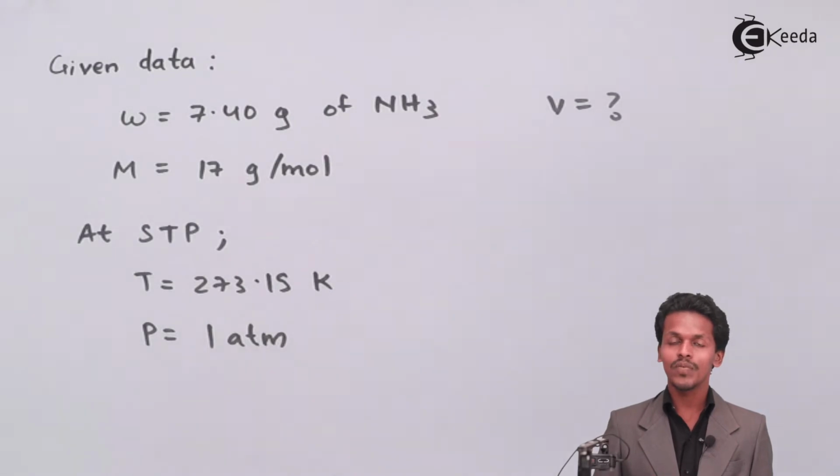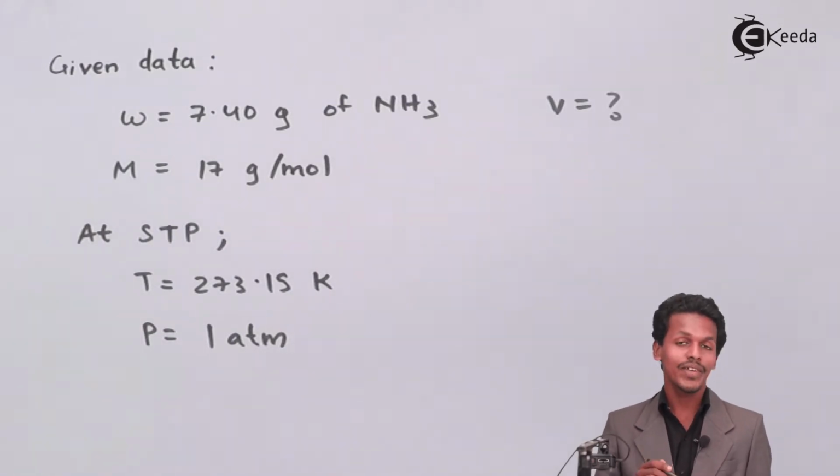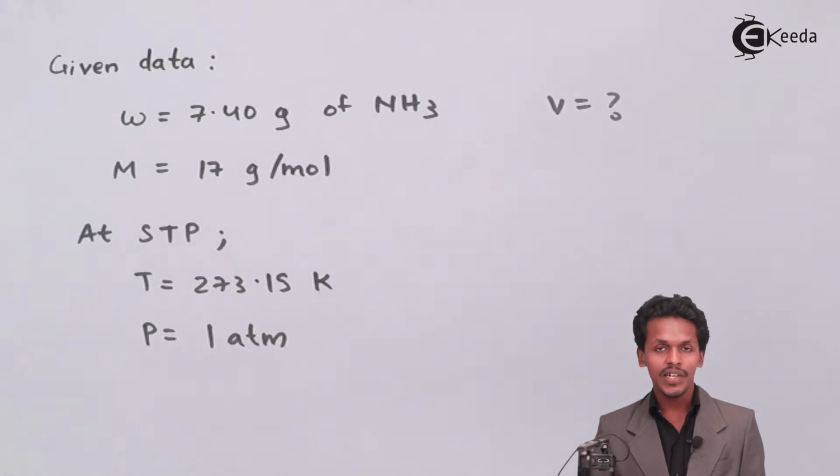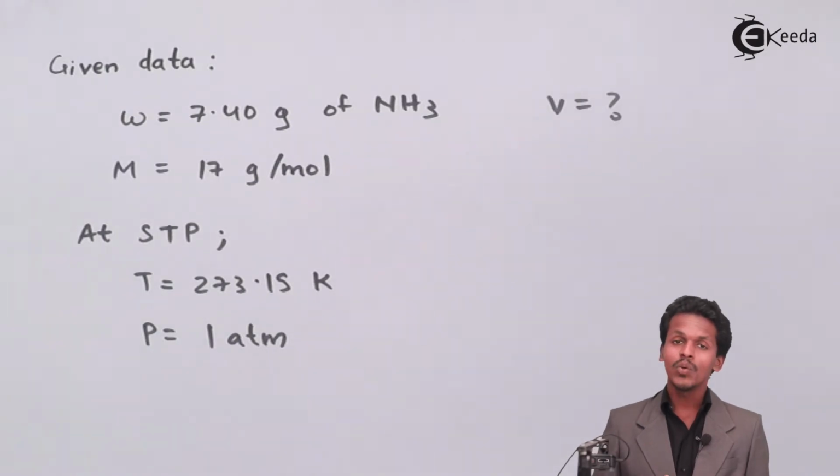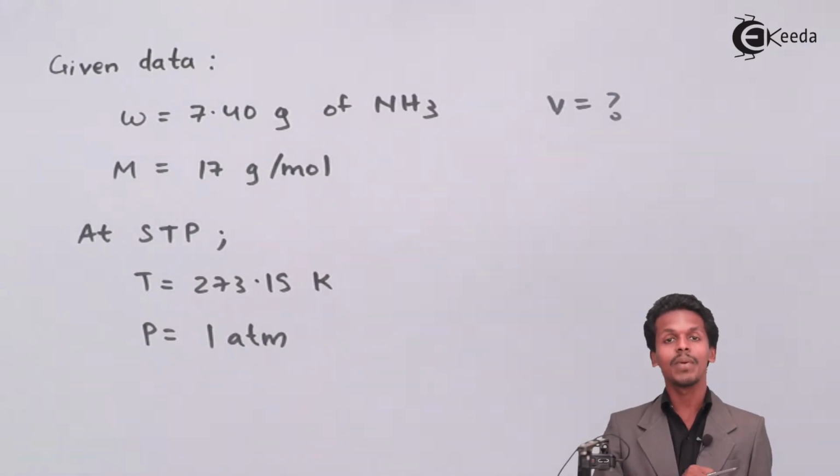In the previous lecture we did that there are 4 values of R with different units. So among the 4, which are we going to use? The first condition is that they have asked us to calculate the volume in liters, and in the lecture on the gas constant we mentioned the value of R in liter atmosphere per Kelvin per mole.